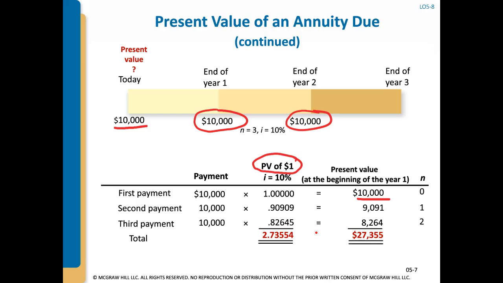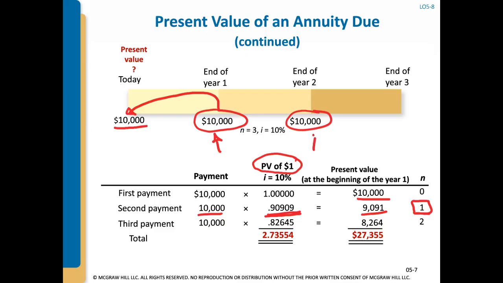So the second payment right here, this is the second payment. We would only need to figure out what's the present value of this payment for 1 period, right? So my N would equal 1 in this situation. My interest is 10, and here's my factor. So I would take my $10,000 times the present value of a dollar factor, and here's the $9,091 that we had before.